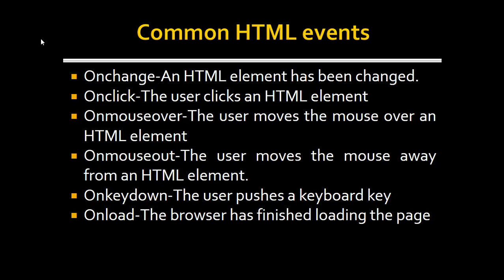When an HTML element has been changed, this particular event will get fired. onclick will get fired when the user clicks an HTML element. onmouseover is for when the user moves the mouse over an HTML element. onmouseout, the user moves the mouse away from an HTML element. onkeydown, the user pushes a keyboard key. onload, the browser has finished loading the page. Hope it is clear.